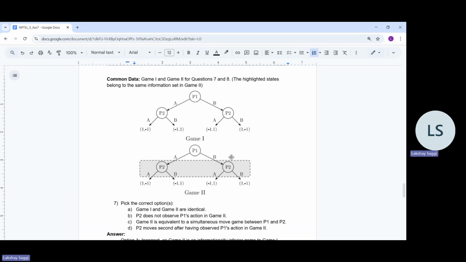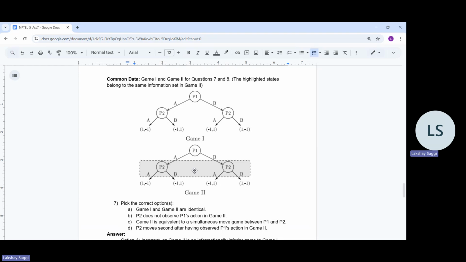So the possible strategies for P2 are just some possible functions, but these functions will not have any inputs now, because P2 cannot distinguish between A or B. That's why we said that it's kind of a simultaneous game for P2.